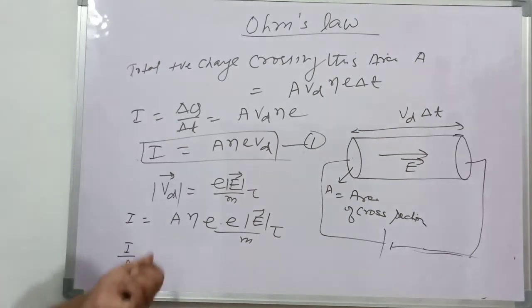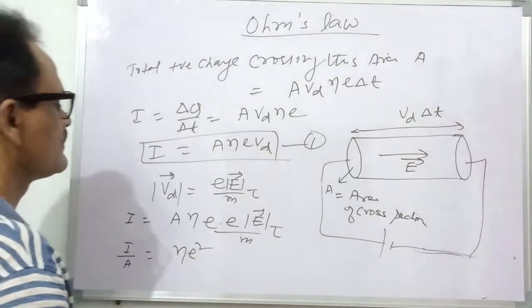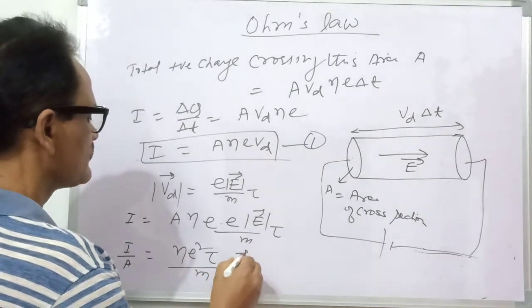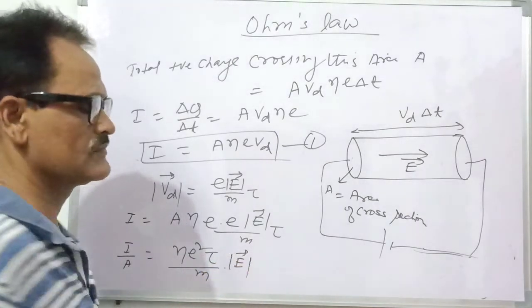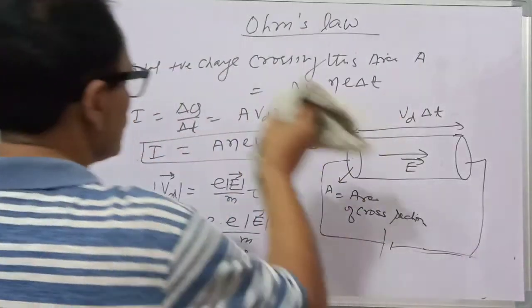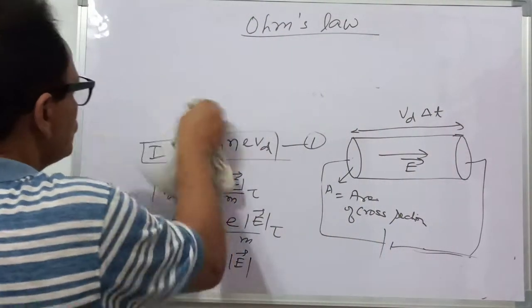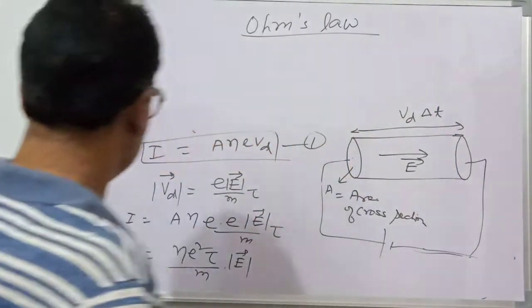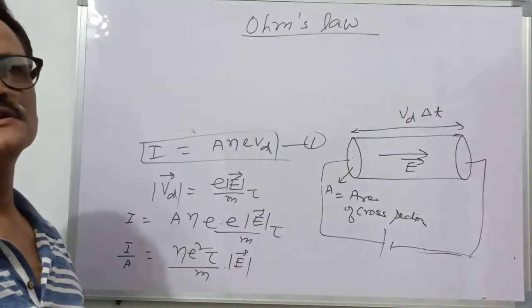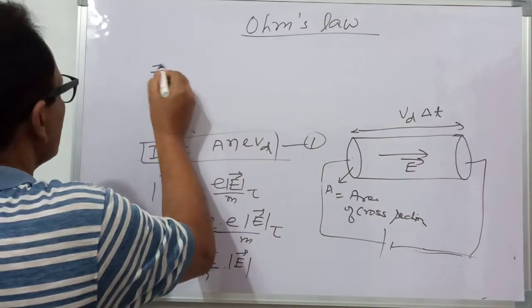Here A is cancelled, so it is n e square tau by m E, and in this expression I by A is J, known as the current density. This current density J is a vector.